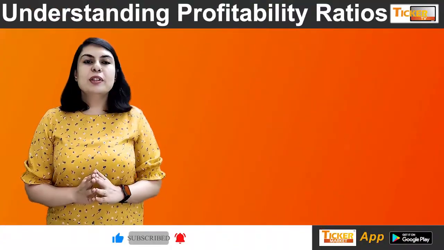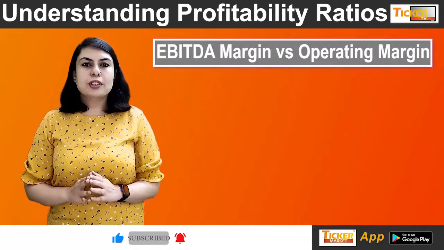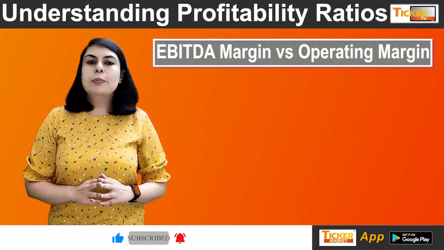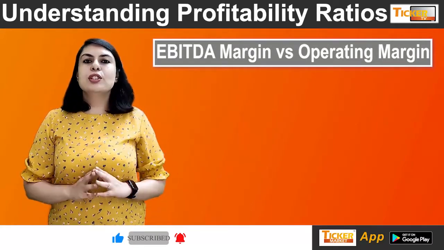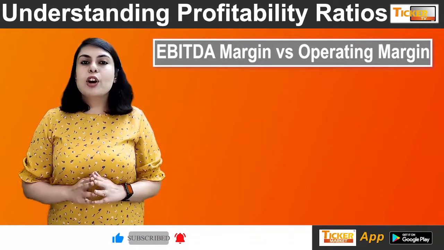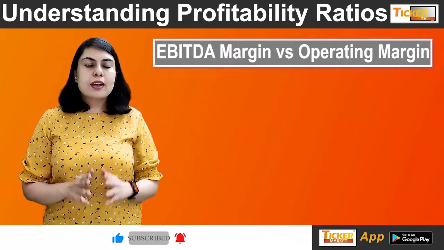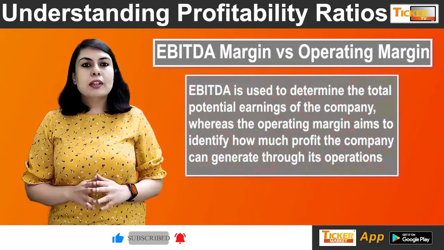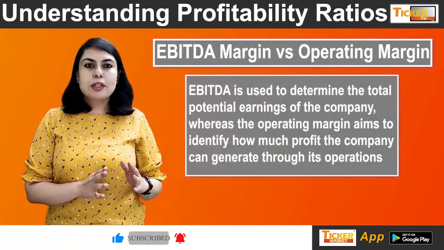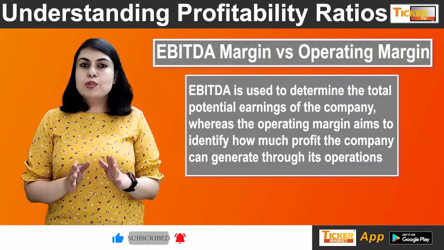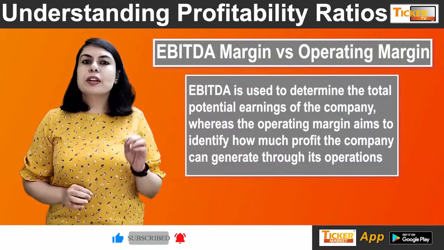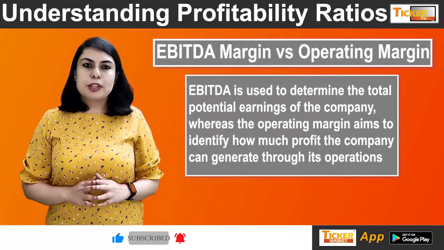Now let's see the difference between the EBITDA margin and the operating margin. While both are highly popular metrics to determine the profitability of the company, the EBITDA and the operating margin differ in significant ways, which include the following points. First, EBITDA is used to determine the total potential earnings of the company, whereas the operating margin aims to identify how much profit the company can generate through its operations.